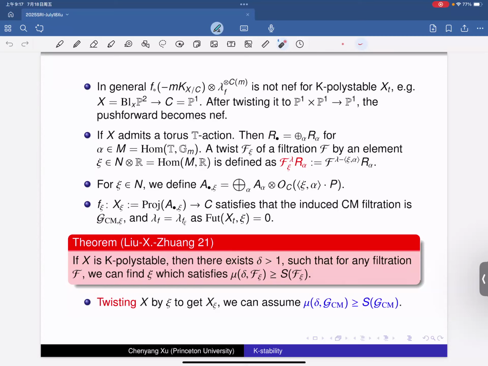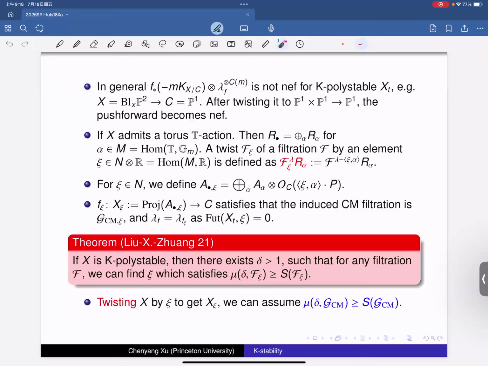And for any co-weight, we can also twist our family for fixed p in this way. So basically, we push forward the A alpha, but now we don't take the push forward of A alpha, we take the push forward of this guy. Here I use the fact that the torus acts fiberwise on the family.